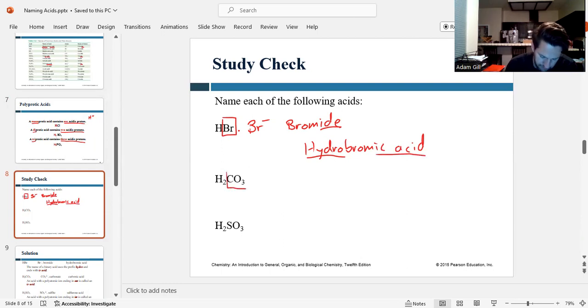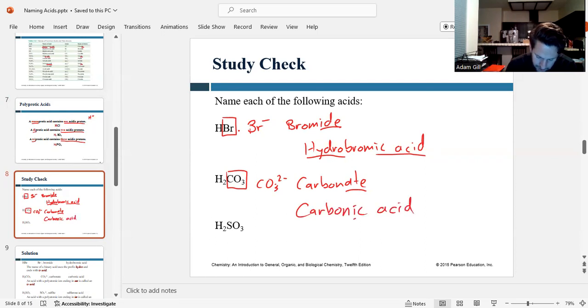The next one is a polyatomic, and this anion, CO3 2 minus, is named carbonate. And so the polyatomic ion ends in ATE. So when we name the acid, this would be carbonic acid. We change it to ic acid.